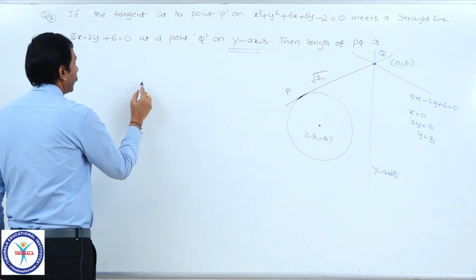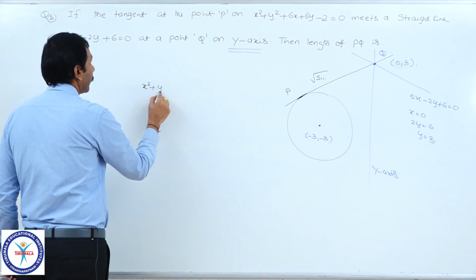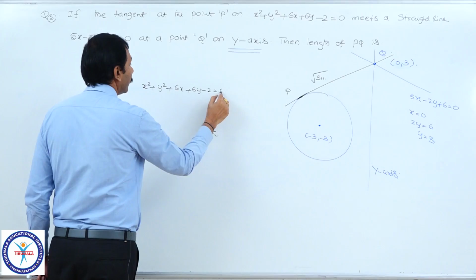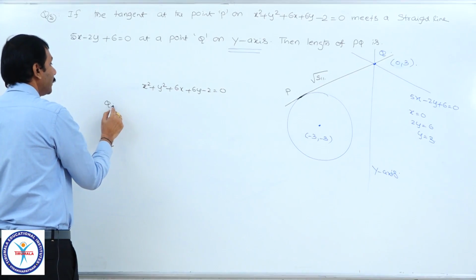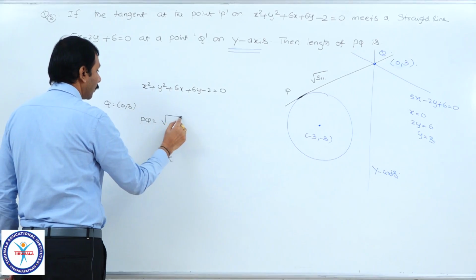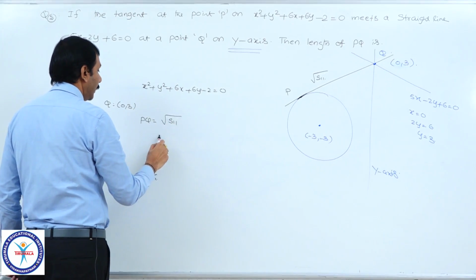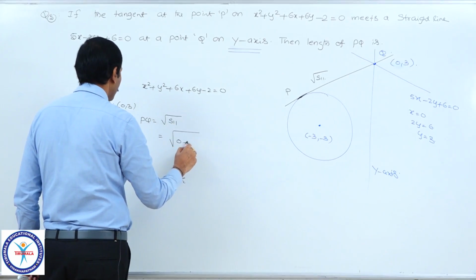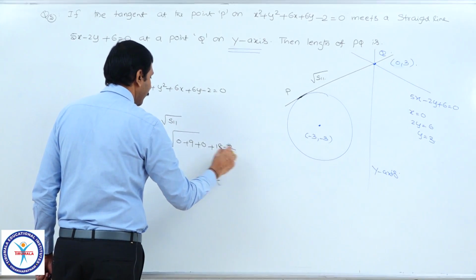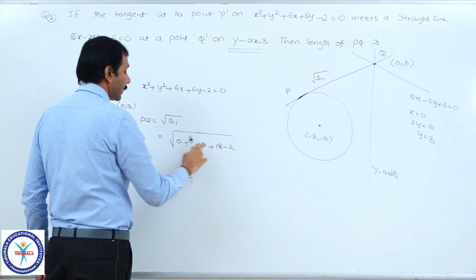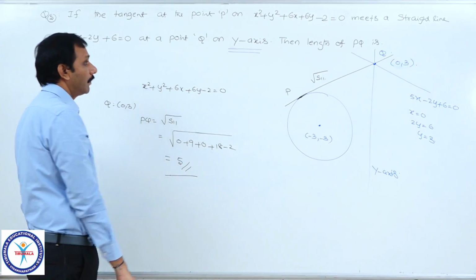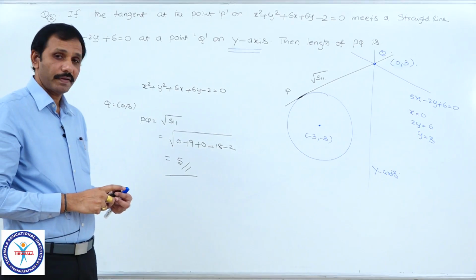What is the circle equation here? x square plus y square plus 6x plus 6y minus 2 equal to 0, and point Q is 0 comma 3. Therefore PQ is equal to root of S11. It is equal to square root of 0 plus 9 plus 0 plus 18 minus 2. 18 minus 2 is 16, plus 9 is 25, root 25 equal to 5. Therefore length PQ is equal to 5.